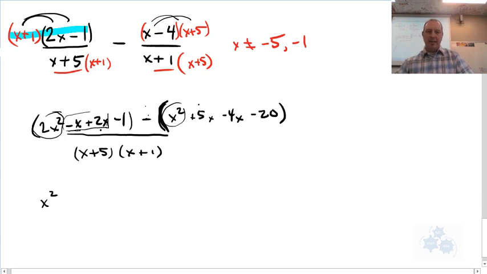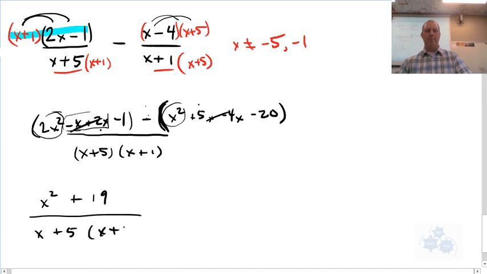Let me just see. 5 minus 4 is 1, that's 1 minus 1. Okay, so those x's are gone. And we have a negative 1 minus a negative 20, so that's negative 1 plus 20. x squared plus 19. That looks about right. This can't be factored. These can't be factored. I think that should be your answer. Let me know if that's what you got.